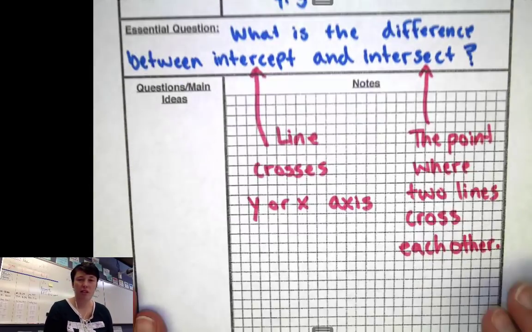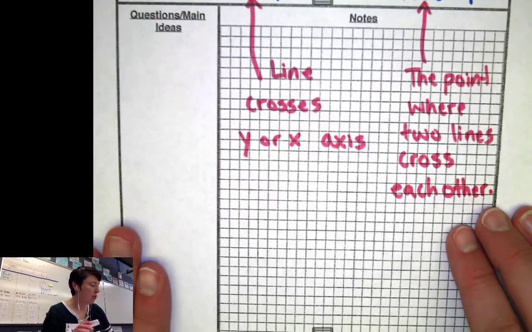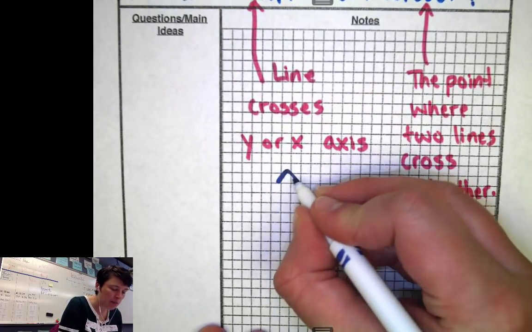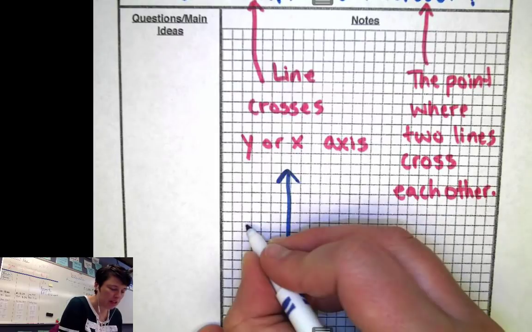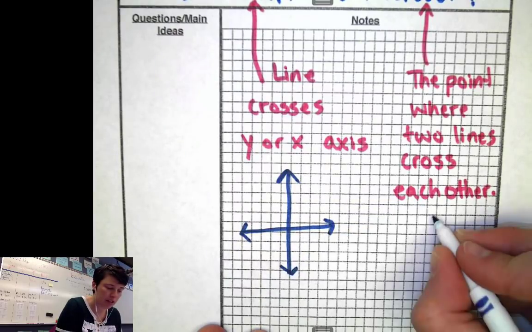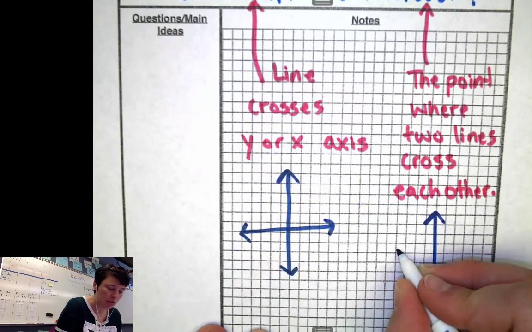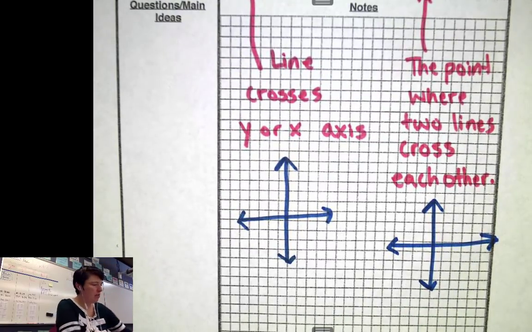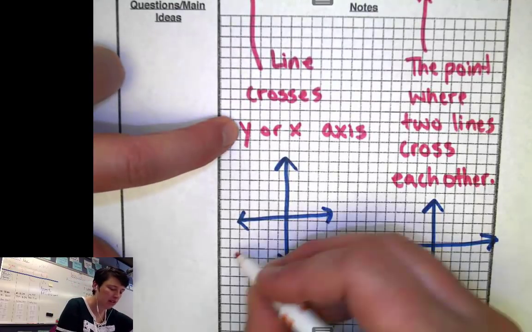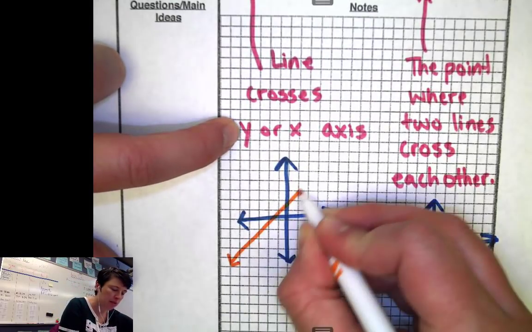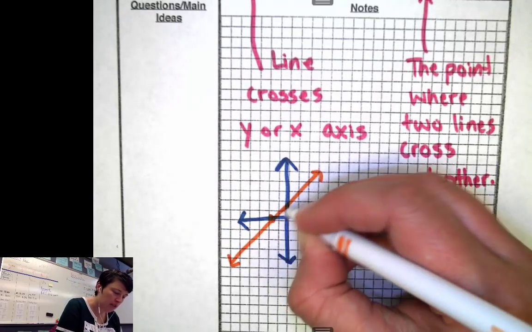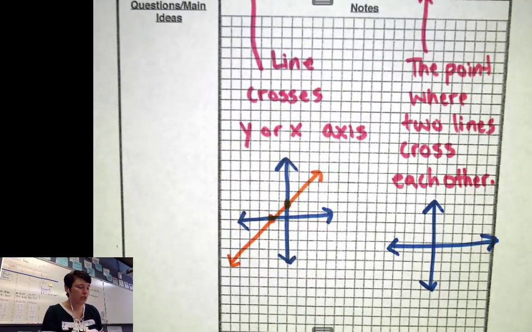And I think since I have a little more space here for my notes, I'm going to draw a little example. I'm not going to put any numbers. I'm going to make a tiny mini graph for each of these just to show what I mean. So kind of sloppy and messy, but getting the point across that the line that crosses the y or the x-axis, so intercepts, like if that's my line, right here and right here is what we would call an intercept.